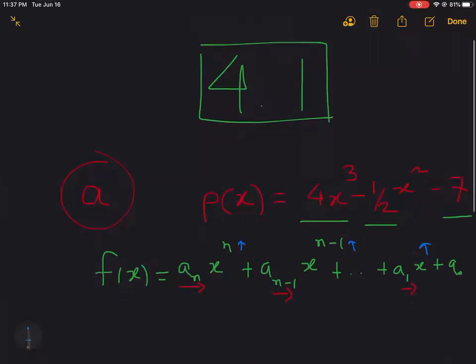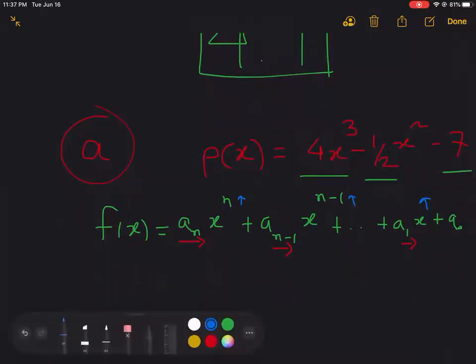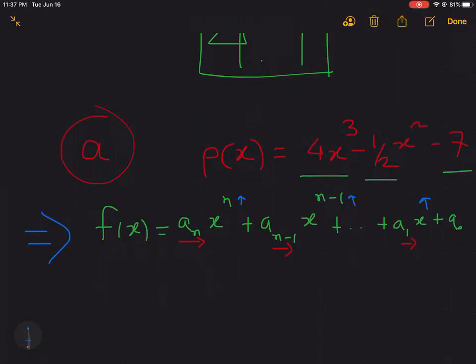Now, from this, if it's the general format, of course, from this we can actually find the leading coefficient and the degree of a polynomial. Just a quick reminder, if you remember, I did say whenever you see a polynomial, straight away you can say the domain of that is the set of all real numbers.